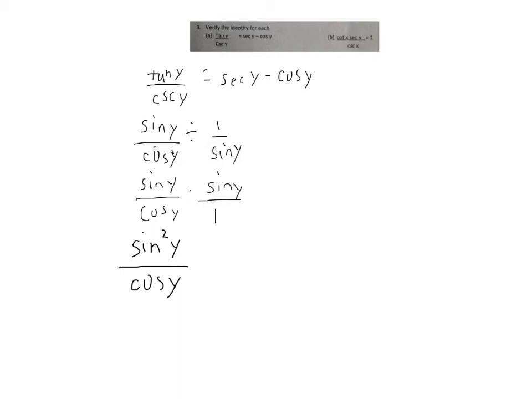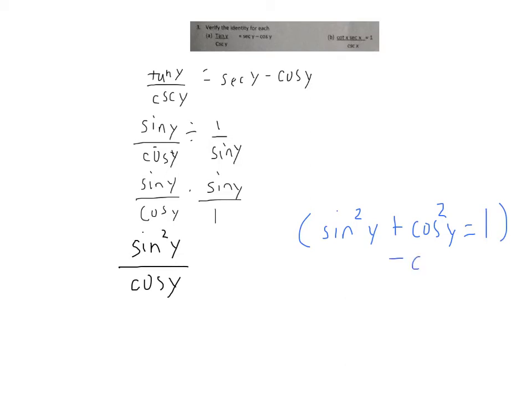So the next thing that we need to look at is the identity of sine squared y plus cosine squared y equals 1. So let's solve this for sine squared y.